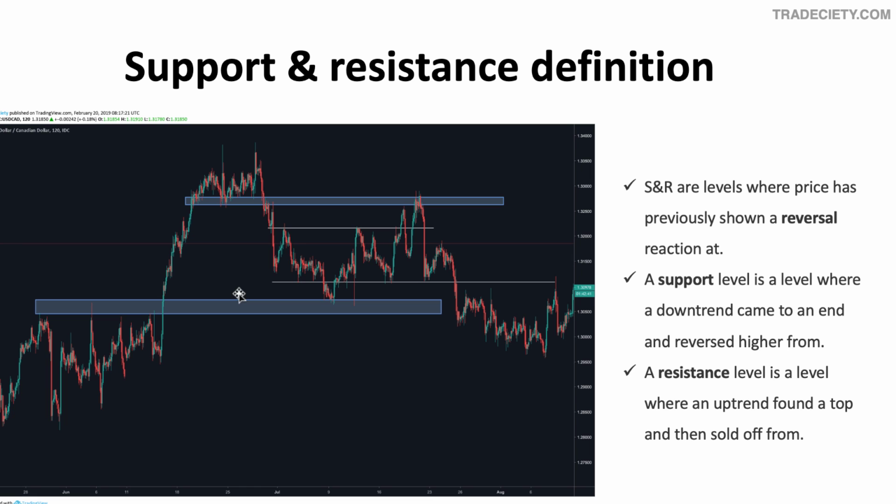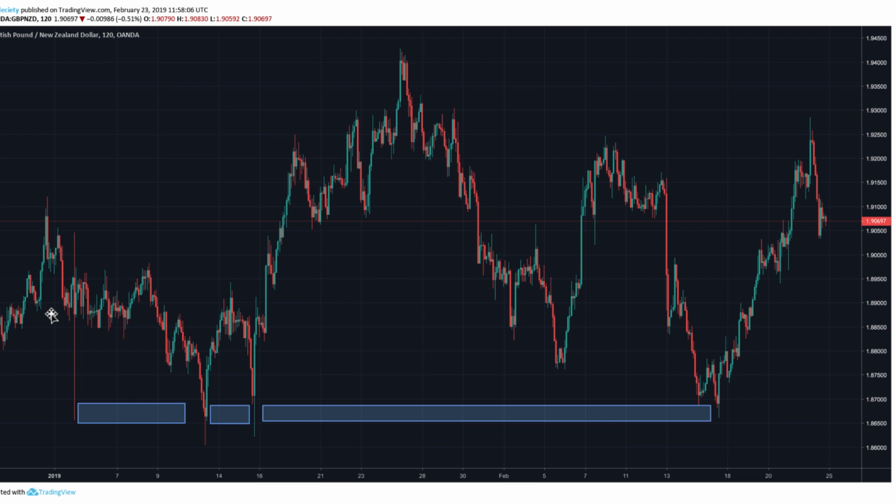But there are certain differences when we talk about supply and demand. What is very, very interesting once we get into the details is that support and resistance are generally used in classic chart analysis, but supply and demand actually precedes support and resistance.